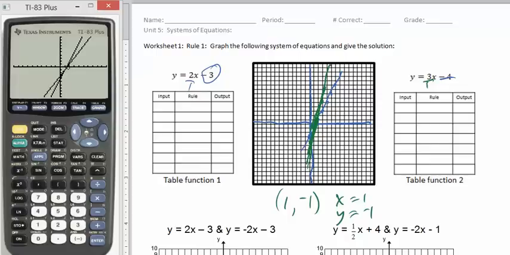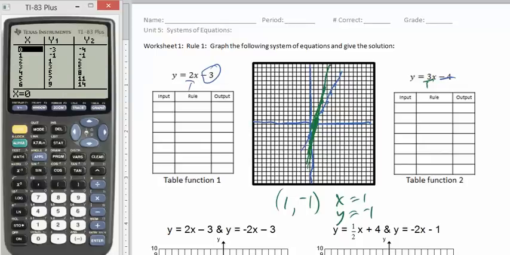So it looks like, again, at 1, -1 is the point where they're going to cross. Now it's sometimes hard to tell from here, so we can do this in the table. We go into table, and what we're looking for is the point where both of these lines, y1 and y2, are the same. So it's what x value are both of the y values the same. So it's at x is 1, y is -1.